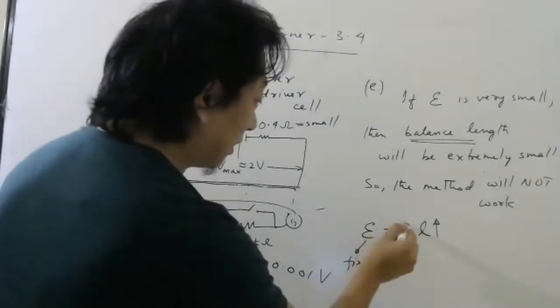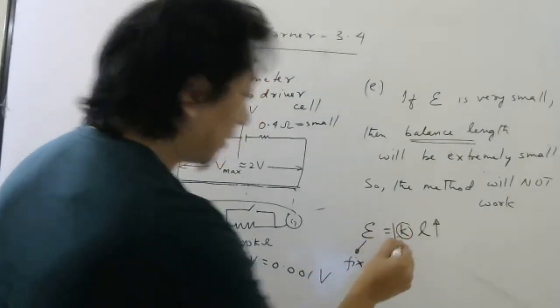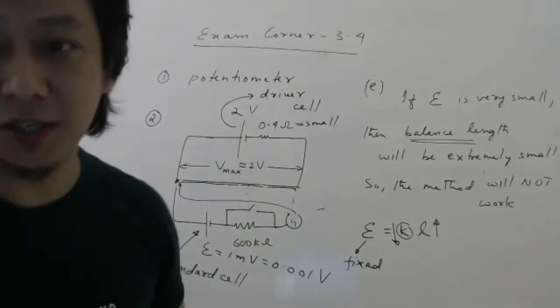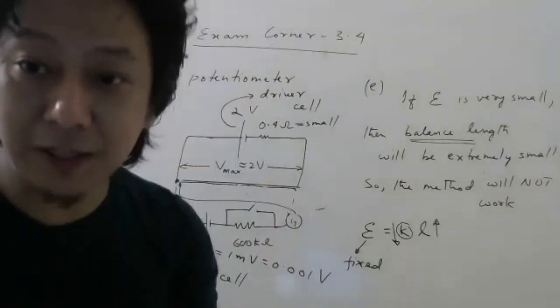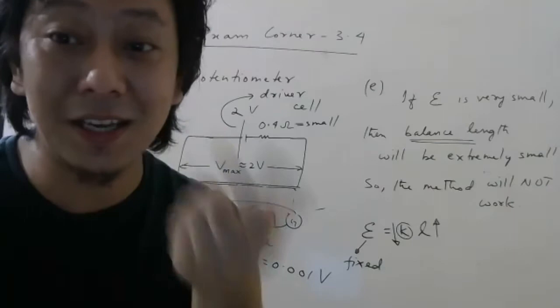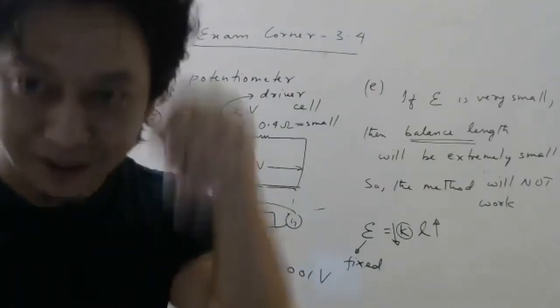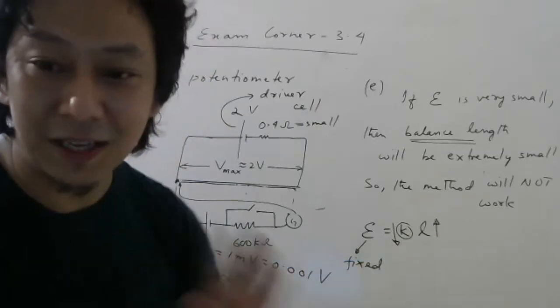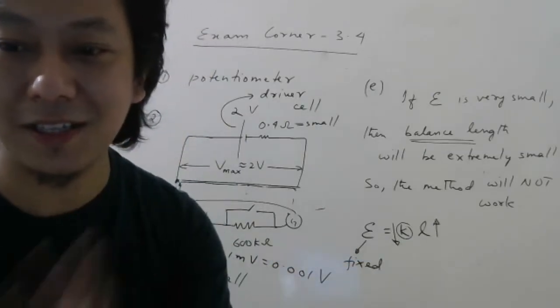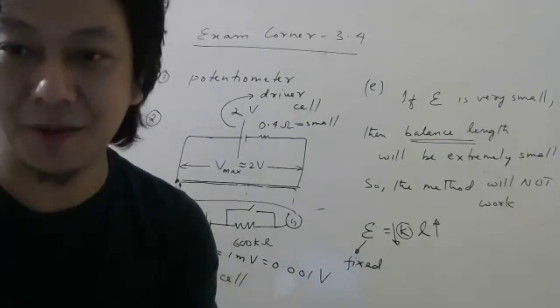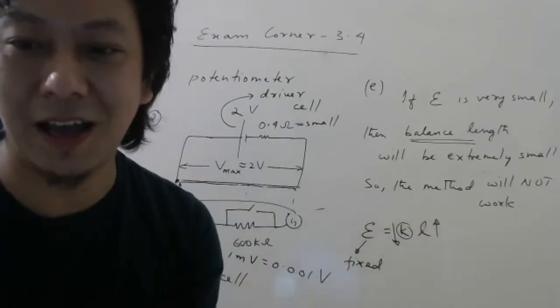Which means I have to decrease the potential gradient. Decreasing potential gradient means increasing the sensitivity, because sensitivity, last class, yesterday only I told.